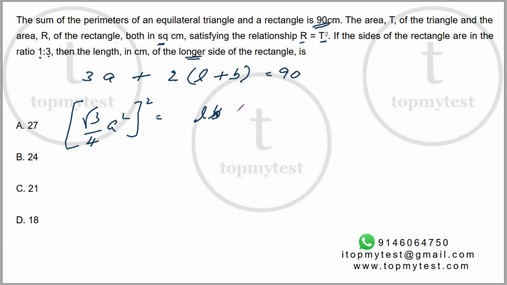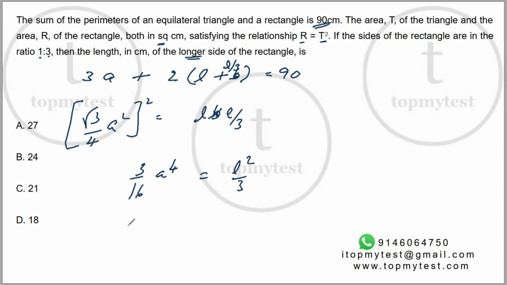So B should be equal to L by 3. Okay. You need to find the longer side. Let's just try to resolve this a little bit before we try to solve this. If I square this, you will get 3 by 16, A to the power 4 equals L square by 3.